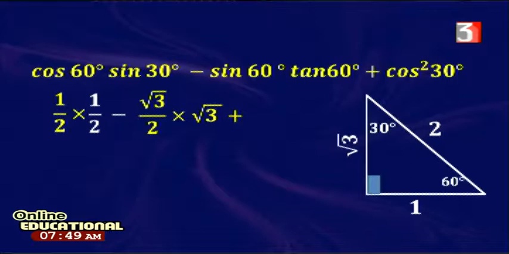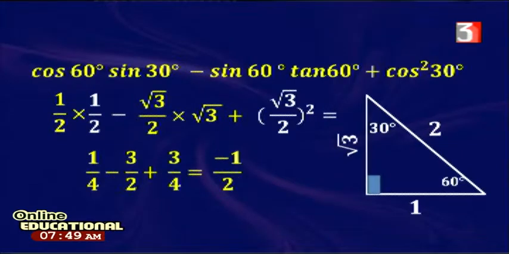Cosine 30 is root 3 over 2, and to find cosine squared 30, you square root 3 over 2. Then you find the result as 1 over 4 minus 3 over 2 plus 3 over 4, to obtain a final result of negative 1 over 2.